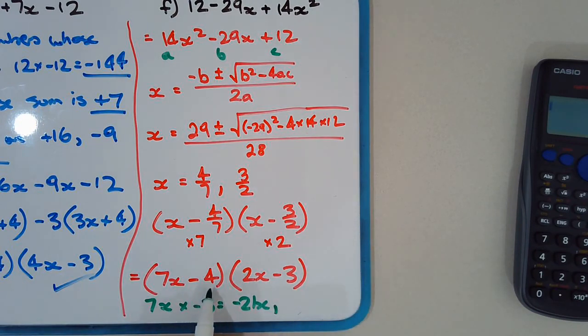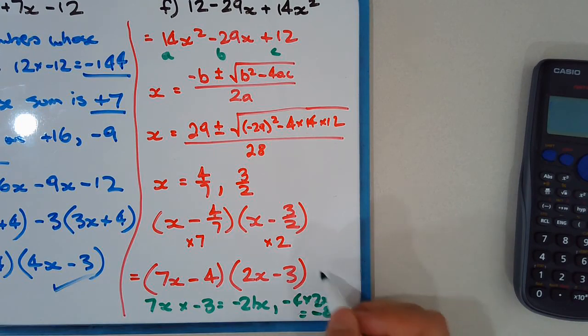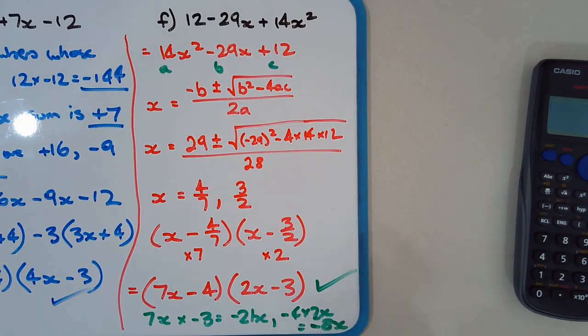And negative 4 times 2x is negative 8x. Negative 21x minus 8x is negative 29x. It works.